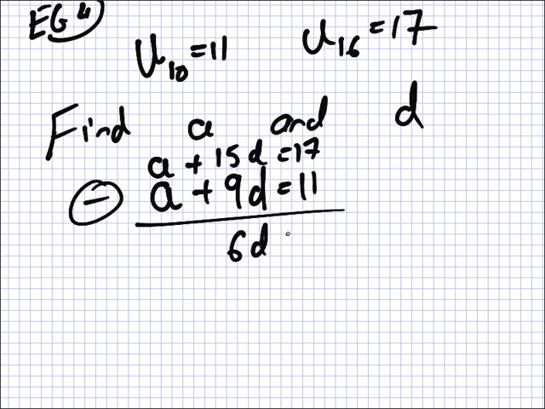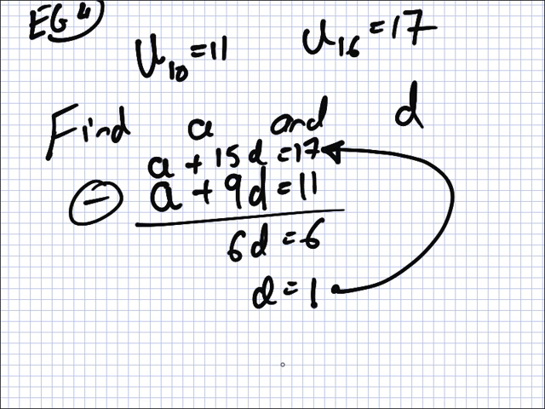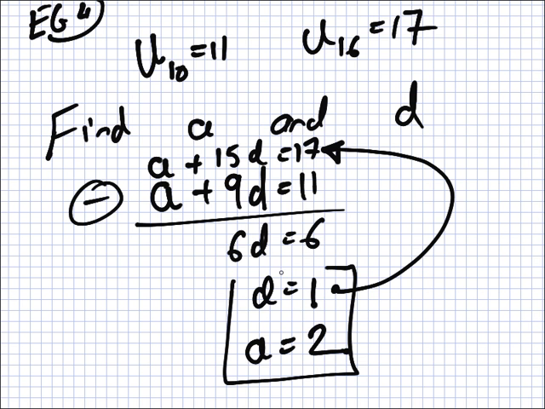So 6D equals 6, so D equals 1. If I sub that back in here, I can get the A. What's the A? It's 2. That's the answer. But verify the 15 and the 9. N minus 1, N minus 1.